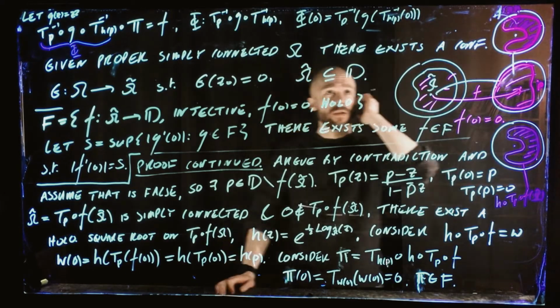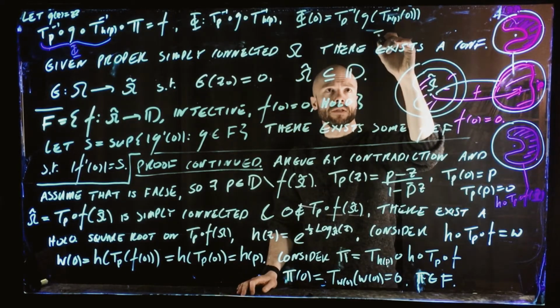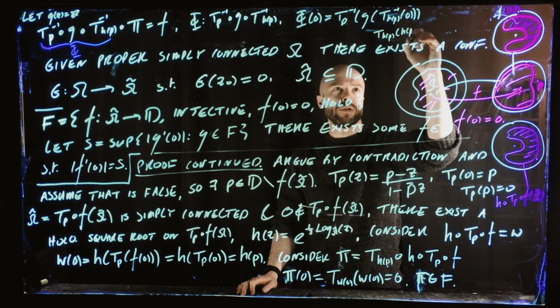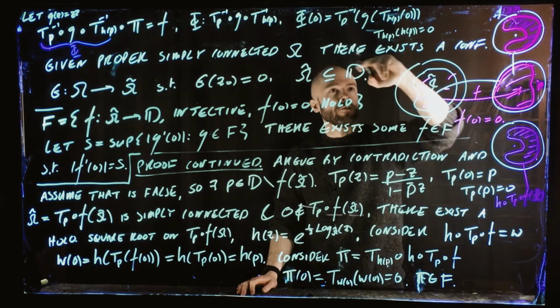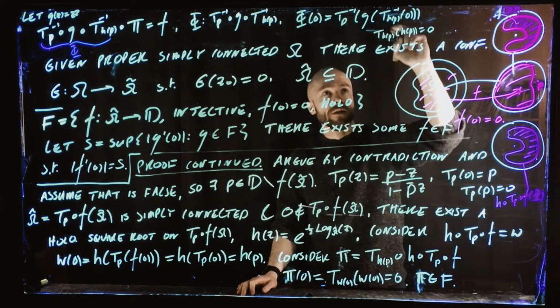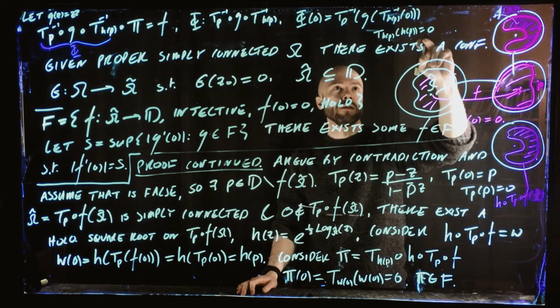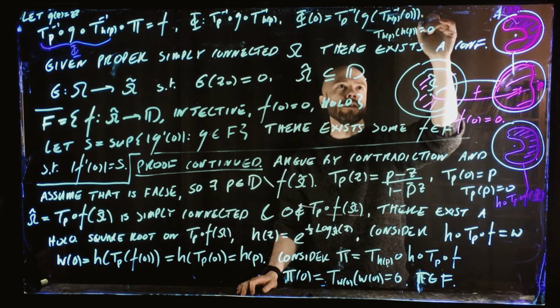What do we know about this? We know that t of h of p acting on h of p is equal to 0. So if we put the inverse t on the other side, then t of h of p to the minus 1 of 0 is just going to be h of p.